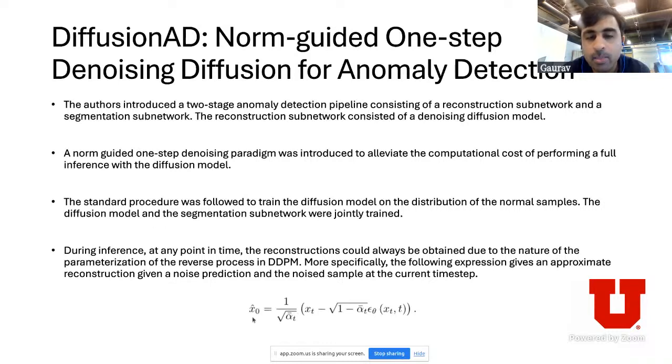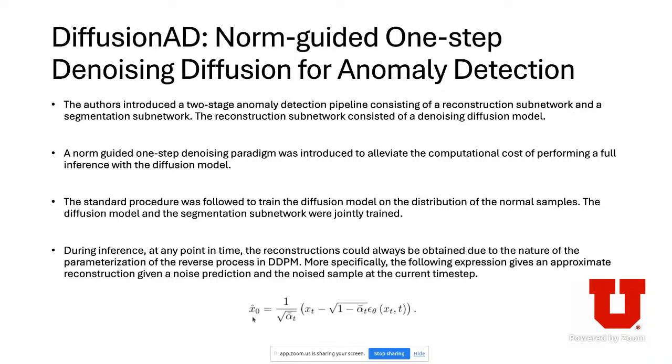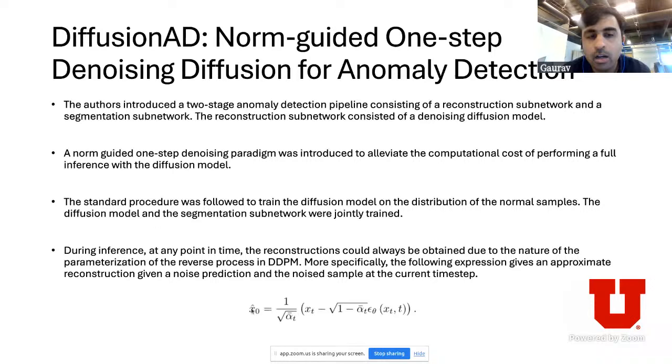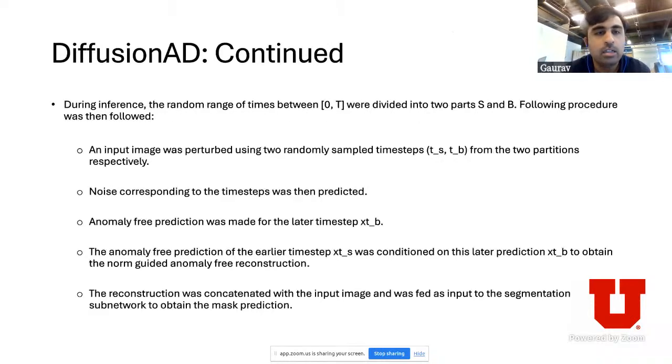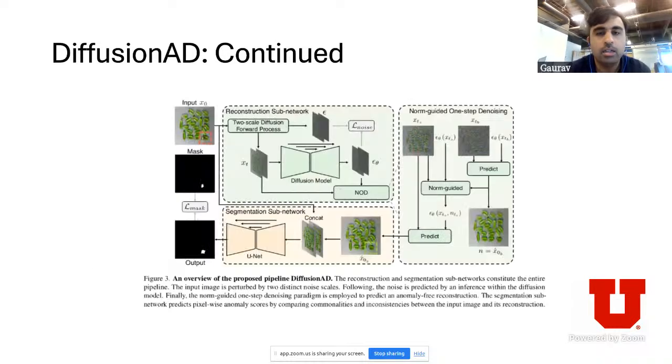And then the segmentation subnetwork is just the places where you have. Then the problem is, if you use Gaussian noise, the noise is everywhere, right? How do you train a segmentation network? Let's take a look at that in this case.